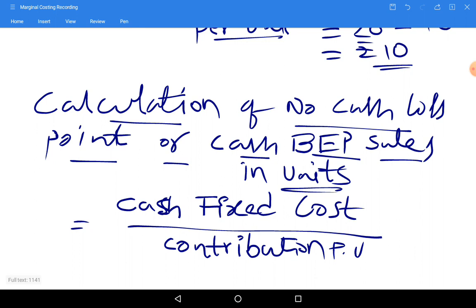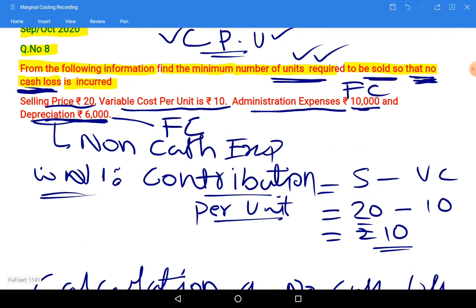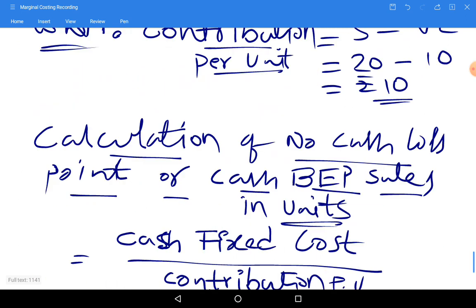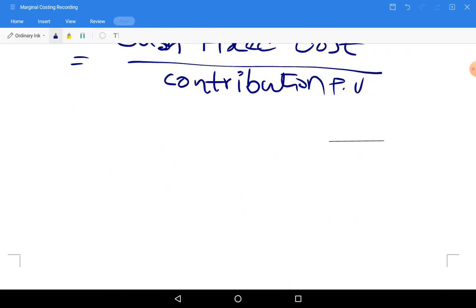So in the question given, what is cash fixed cost? Only administration expenses rupees 10,000. Depreciation is non-cash expenditure, so we will not consider it. And contribution per unit we got 10 rupees. So we will put those things in the formula, then we will get the answer.